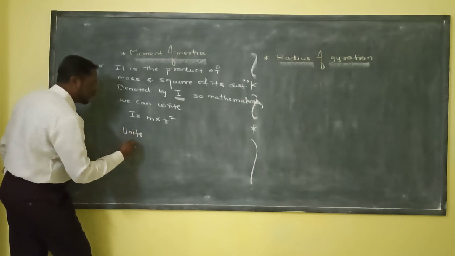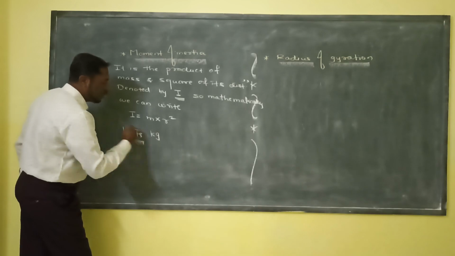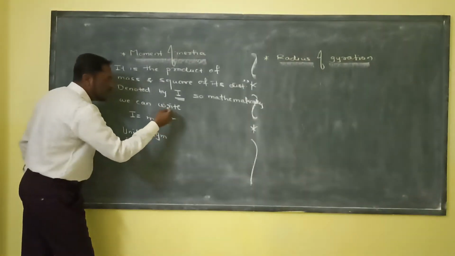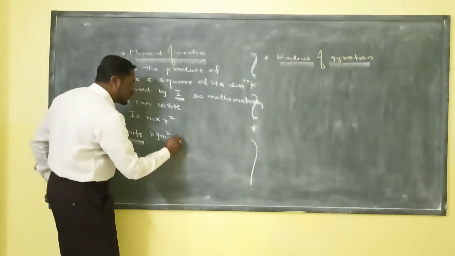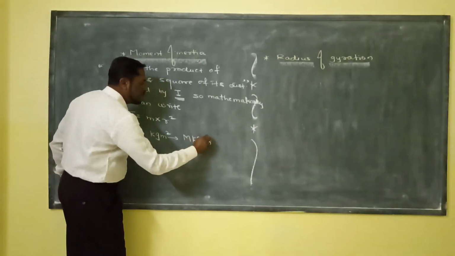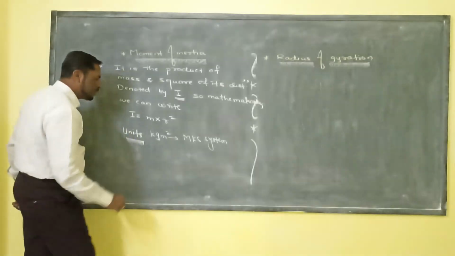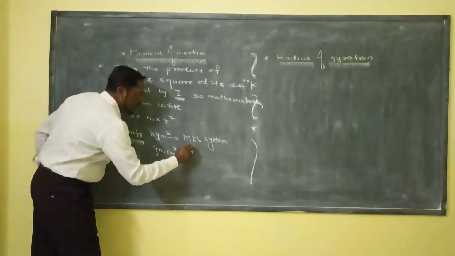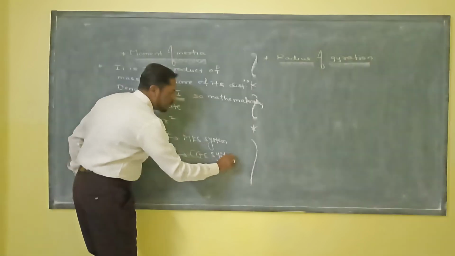Units: mass is measured in kilogram, distance r is measured in meter, so r square gives kilogram meter square. This is the unit in the SI or MKS system. Gram centimeter square is the unit in CGS system.